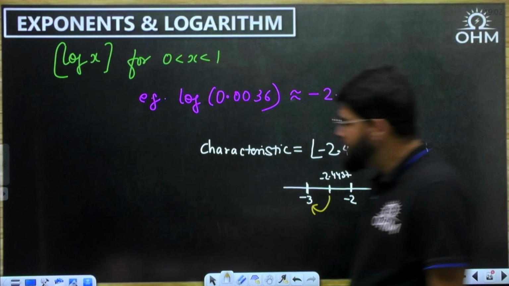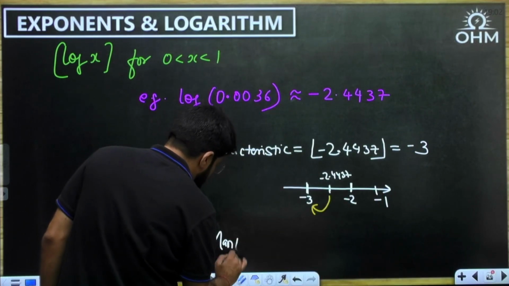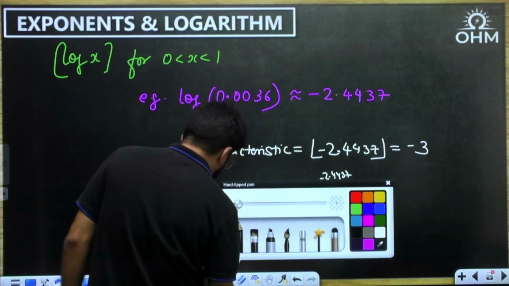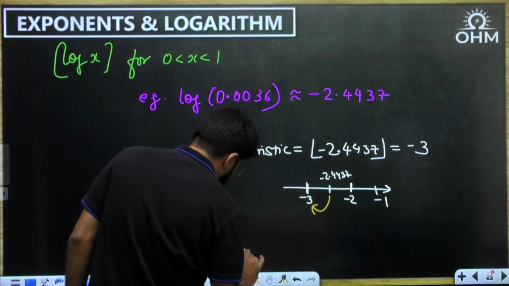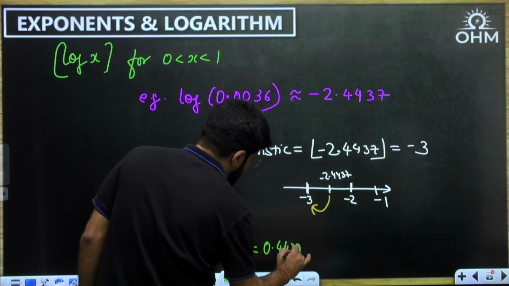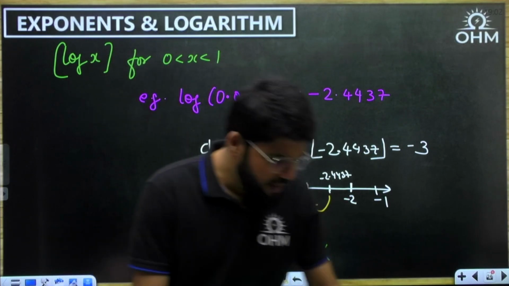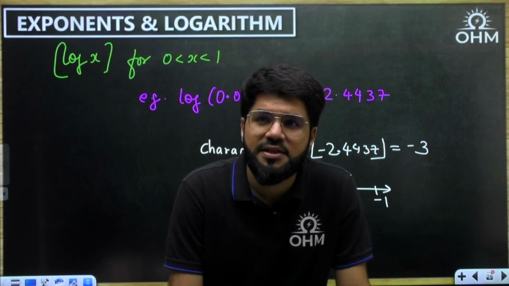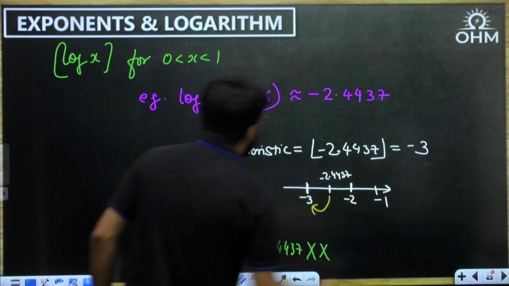So what is the mantissa then? Is it 0.4437, the fractional part? No. I told you, log of x can always be expressed as characteristic plus mantissa. So let's understand this more.